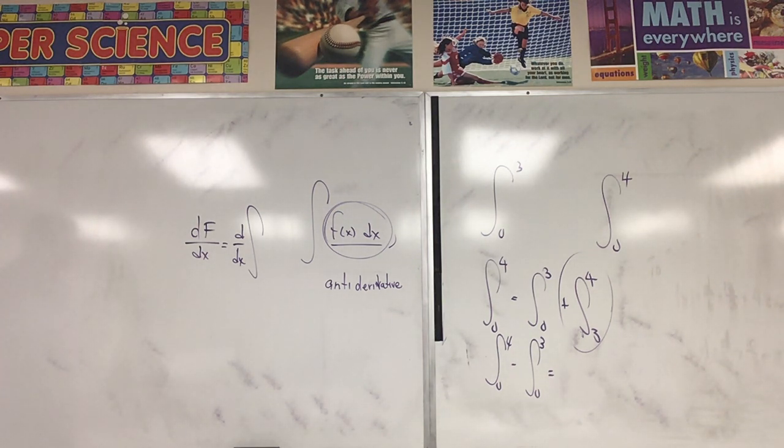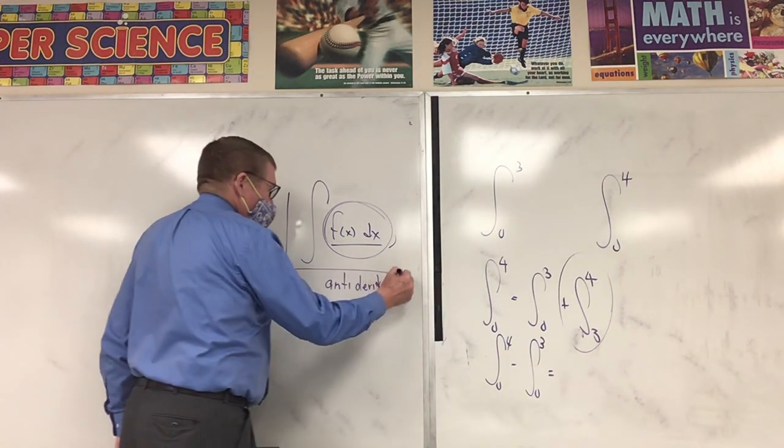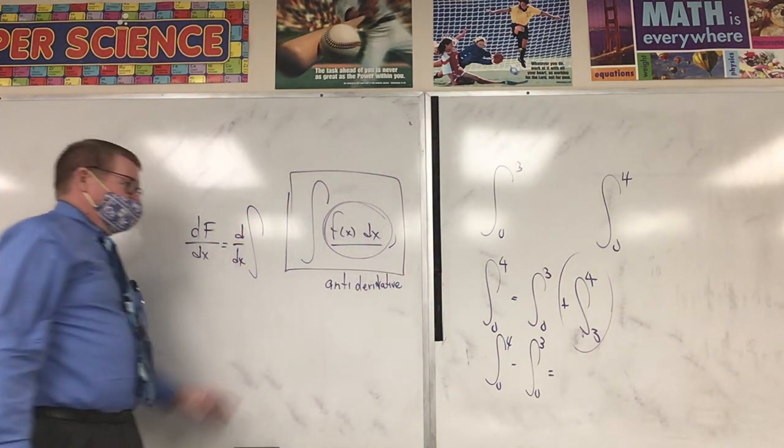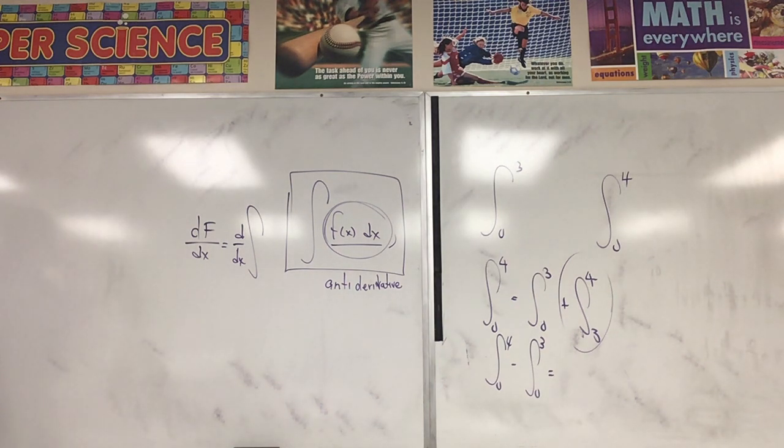It's kind of a going around in a circle type thing. But what I need to understand is that when I take the integral of the derivative, I am actually finding the function, the antiderivative, which we have done. All right?